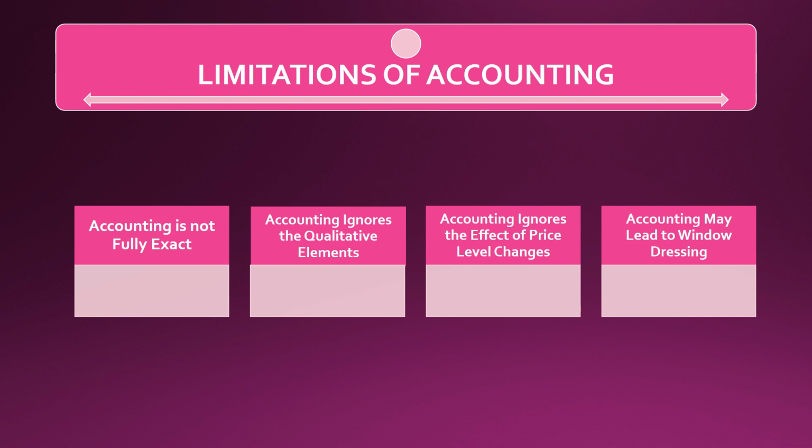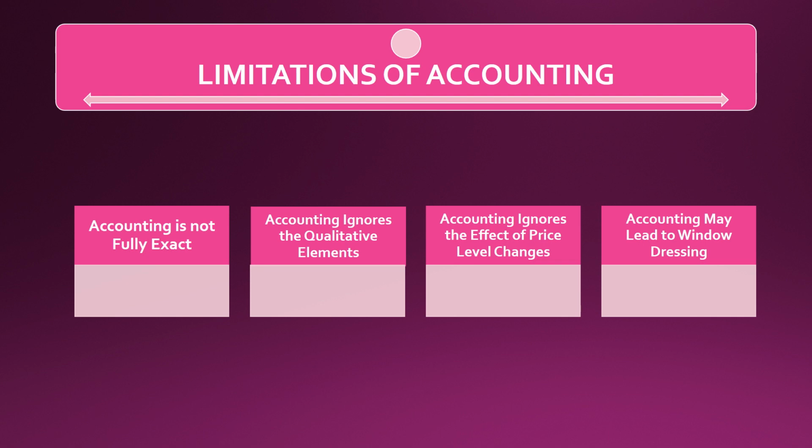For example, if a building has been purchased for 3 crores 5 years back, in the books of accounts the value of that building is written as 3 crore. But today, if its value is 10 crore, will the value of that building be written in the books as 10 crores?